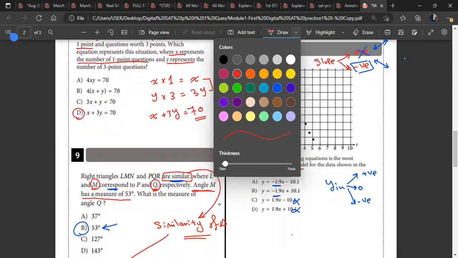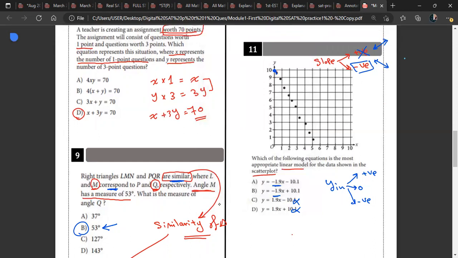I hear you. Yes, excellent. It's positive. Positive here. So this is right, this is wrong, this is wrong. So the answer must be positive. The answer is B. You didn't need to find the slope. You didn't need to find the y-intercept. Understood, guys? Any question?